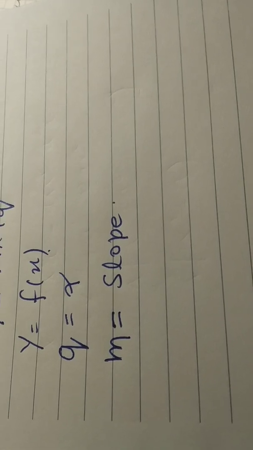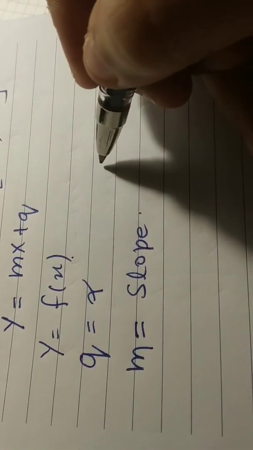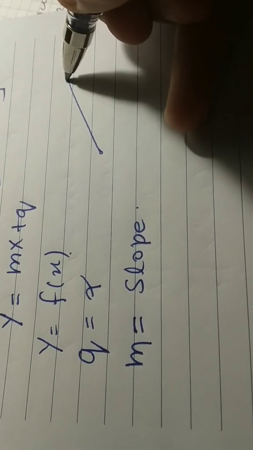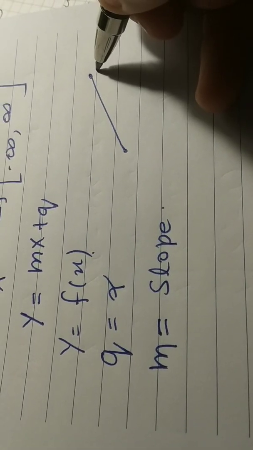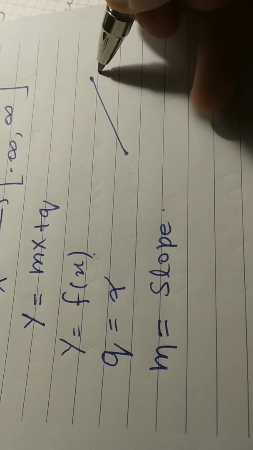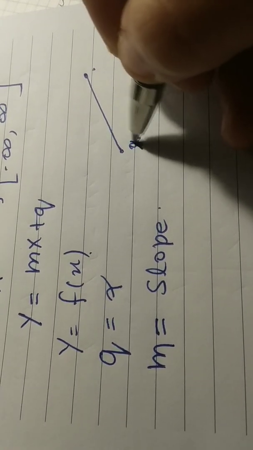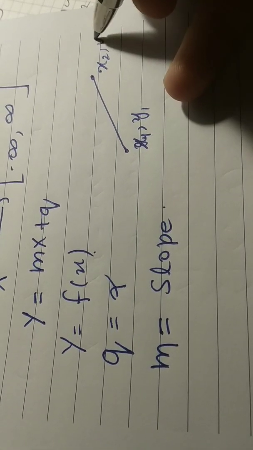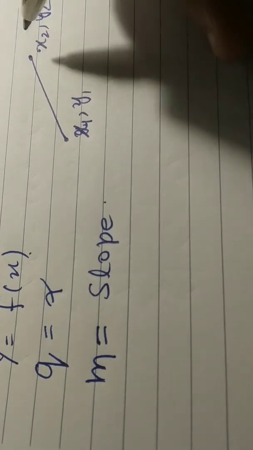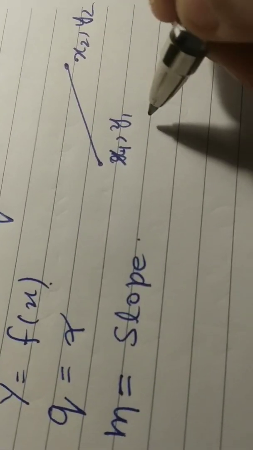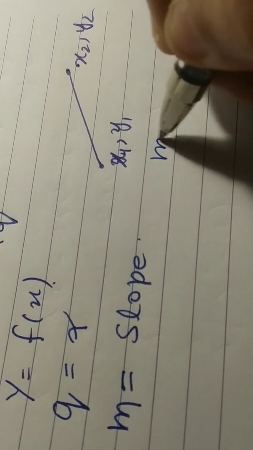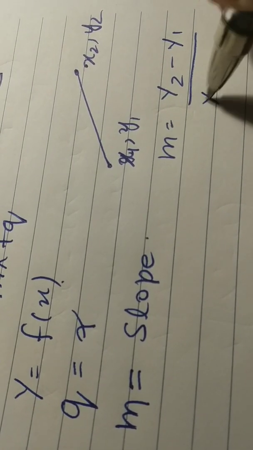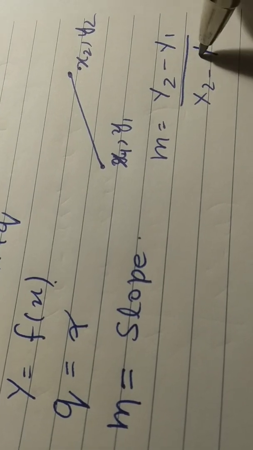We have the graph and two points like x1, y1 and x2, y2, and we find the slope of this line segment like this: m is equal to (y2 minus y1) over (x2 minus x1).